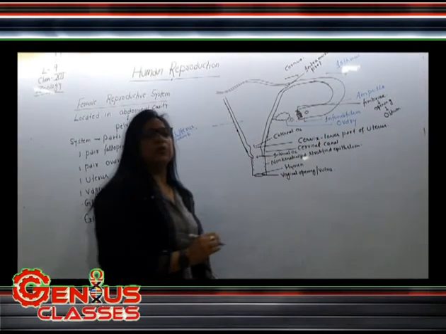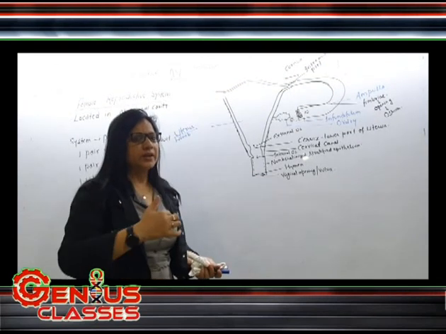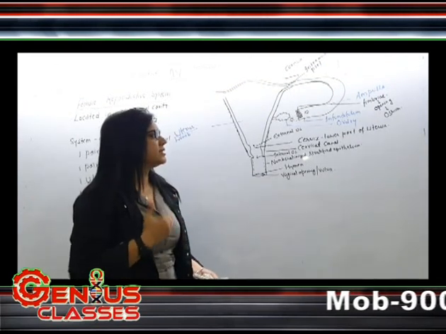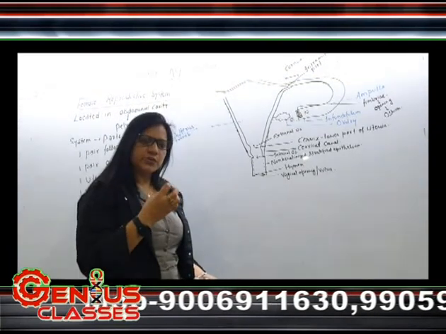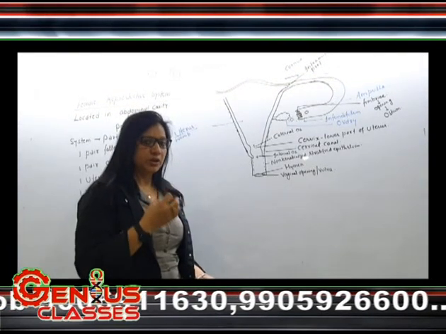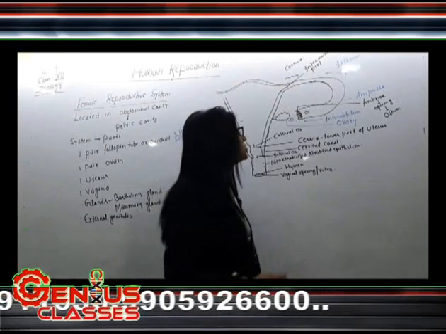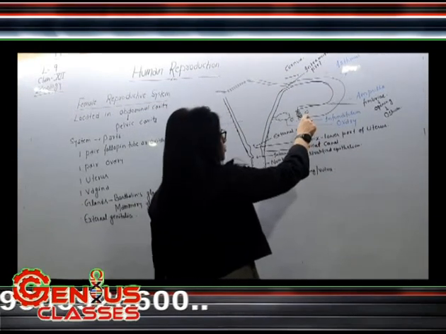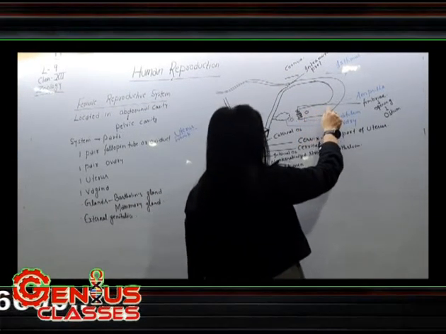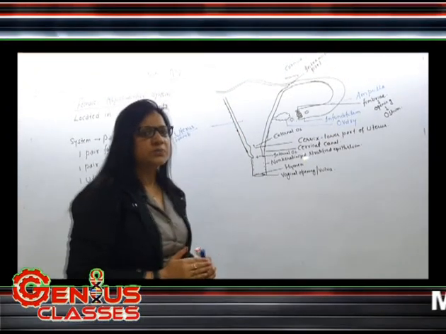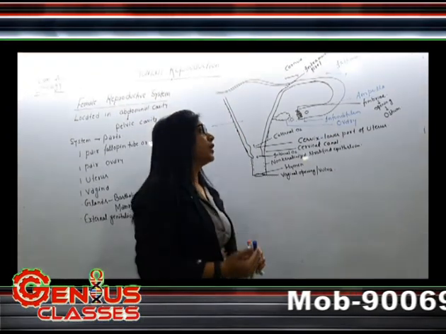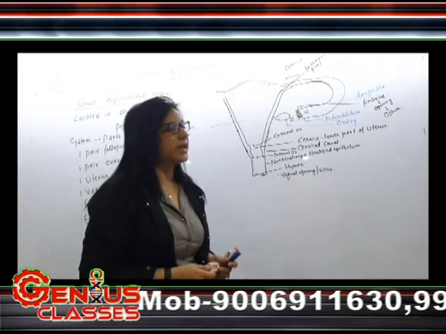The fallopian tube has a ciliated inner lining, and they are muscular, so the contraction and beating of the cilia help to move the secondary oocyte towards the ampulla, the widest part of the fallopian tube, where fertilization takes place.